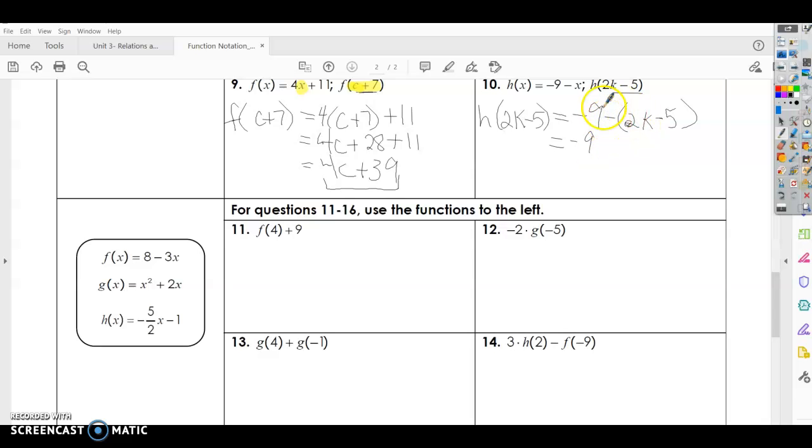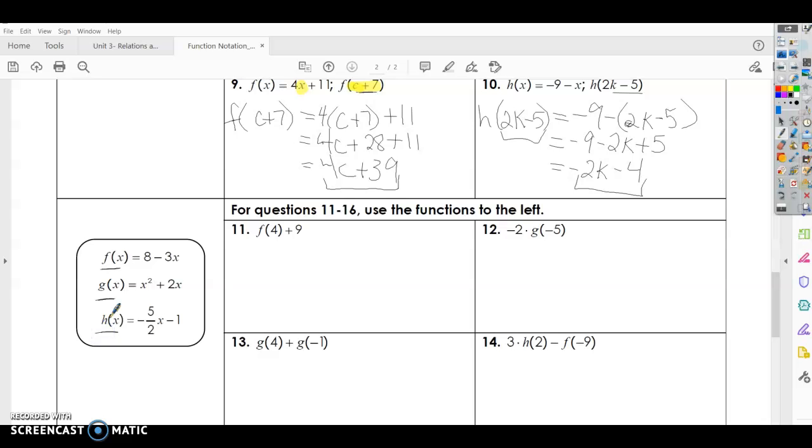This time we got to distribute the negative, so negative 2k, and negative times negative 5 is plus 5. I don't have anything to combine the negative 2k with, but negative 9 plus 5 becomes negative 4. Input this, output this.